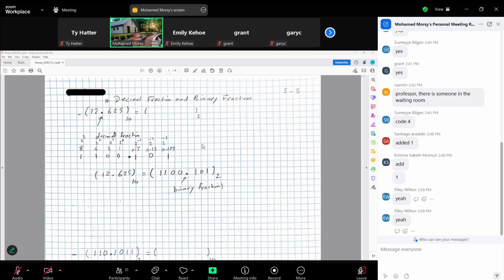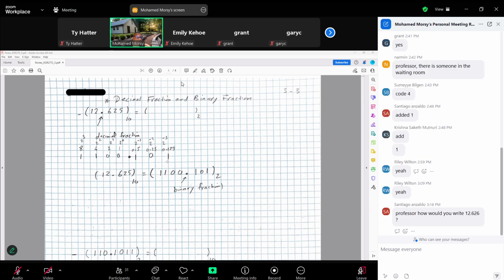If you add this plus this, you get 0.625. So this means we put bit 1 here because we need this number. We don't need 0.25, so we put bit 0. We need this number, so we put bit 1.